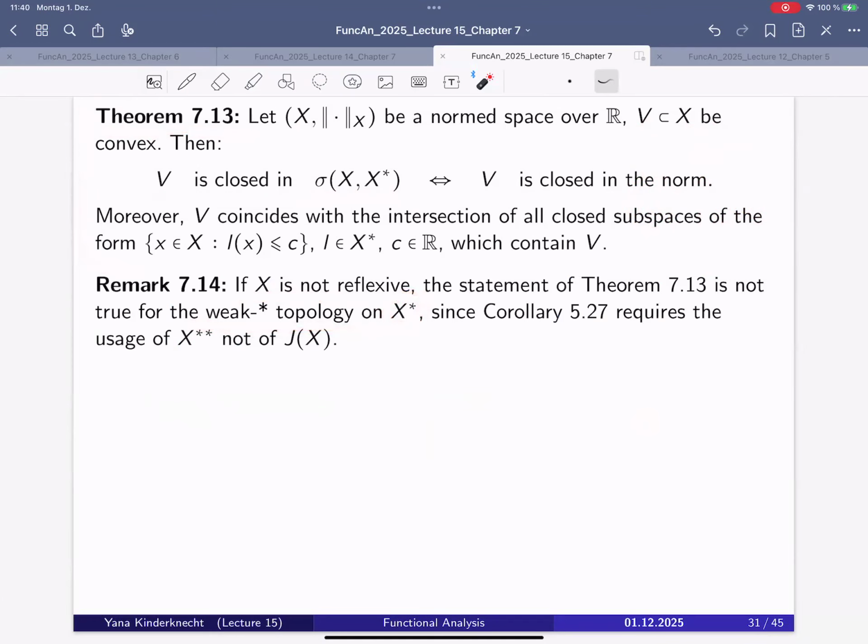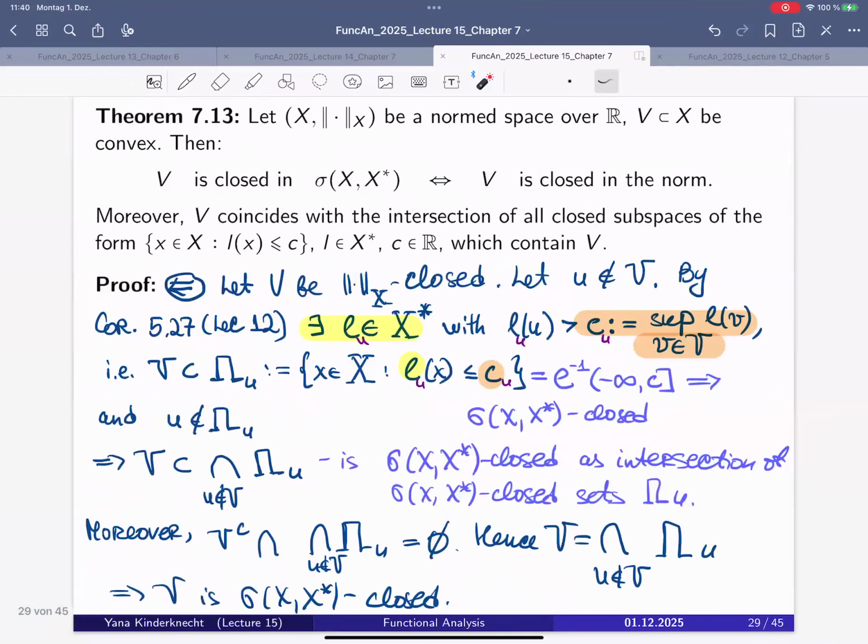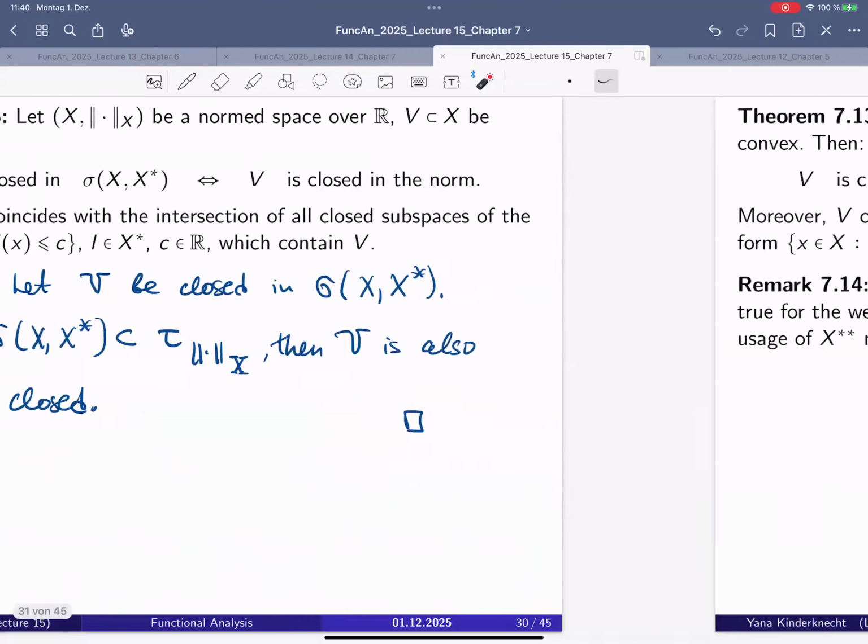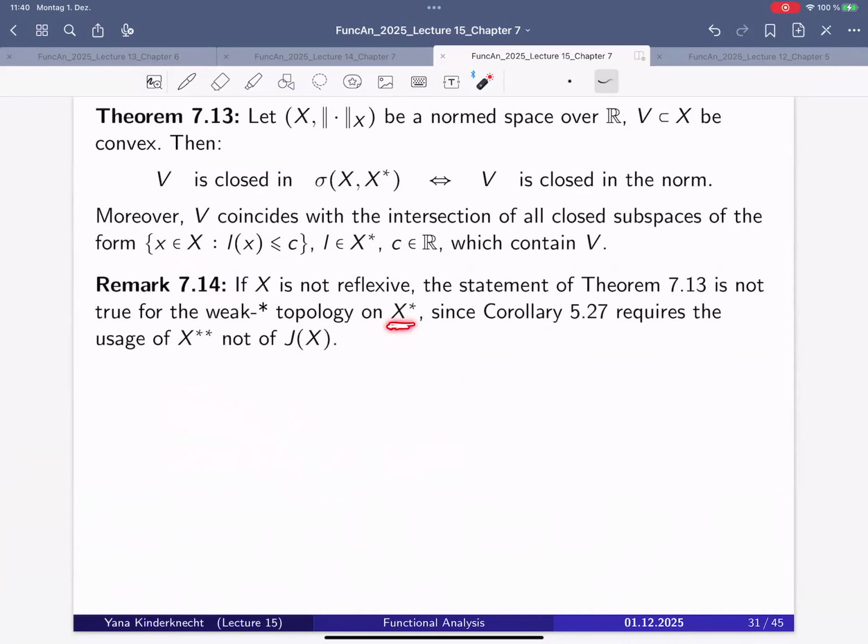Why? Because here we used this corollary. This corollary means that we work in X and we consider its topological dual. If we would work here, we need to work with its topological dual, which is X double star. And this does not correspond to the weak star topology, because for the weak star topology on X star, we deal with only linear functionals from here, not from here.